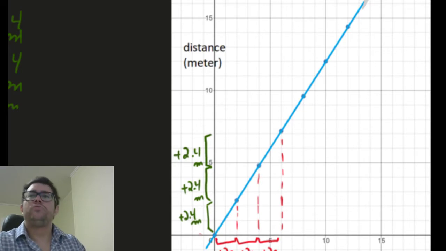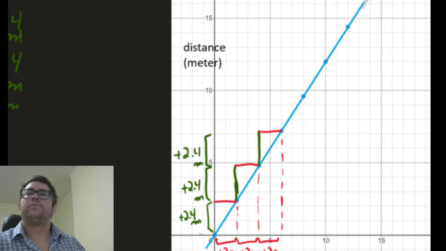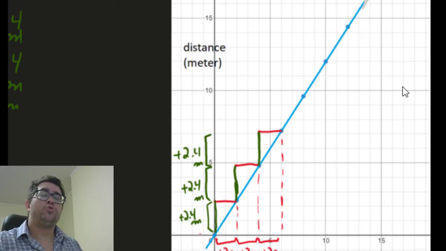So as you can see, if I want to increase by 2.4 meters and by 2 seconds, and then I want to do that again on each point, 2.4 meters, 2 seconds, meters, then there is absolutely no geometrical way to not draw a line.